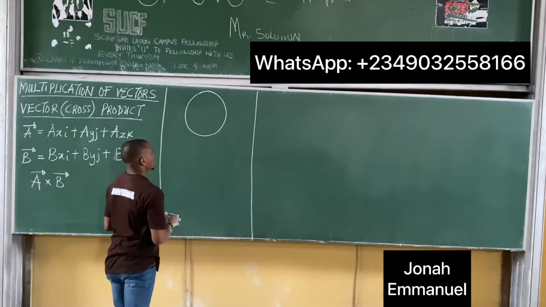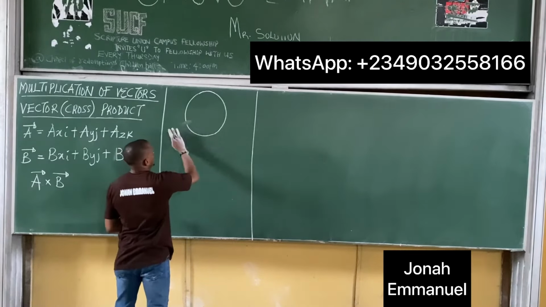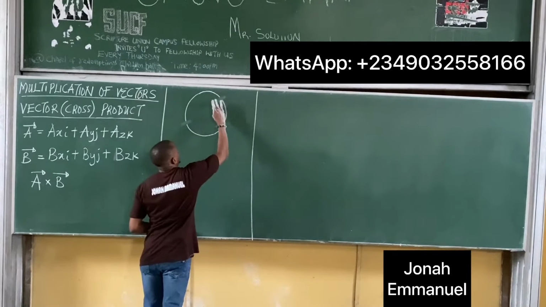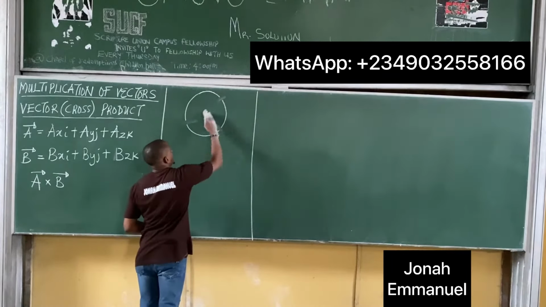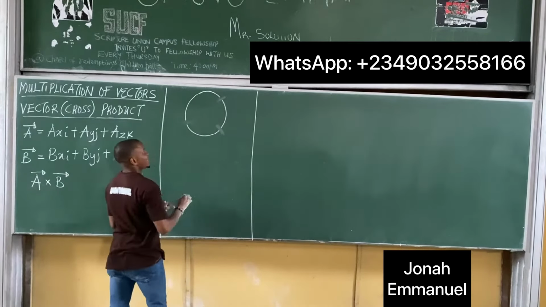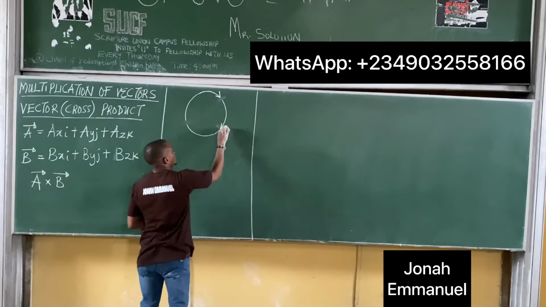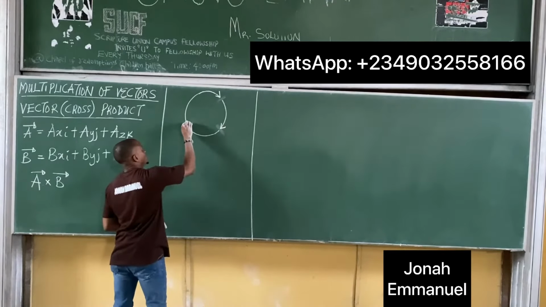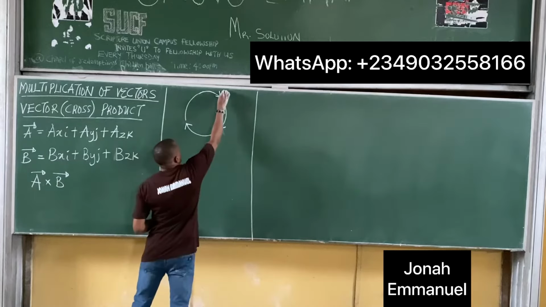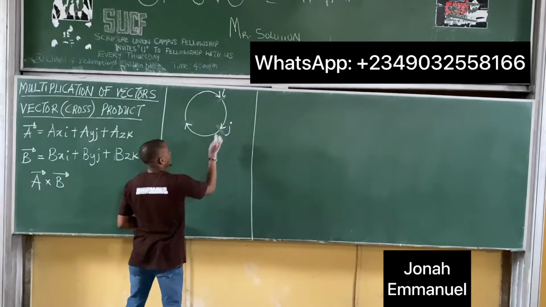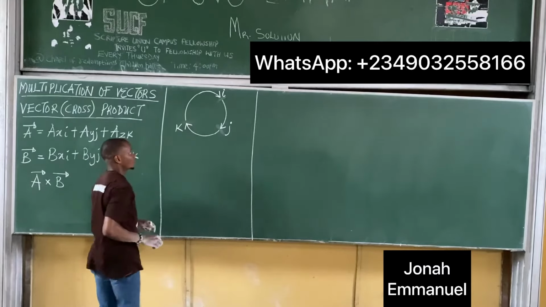Divide this into three parts: part 1, part 2, and then part 3. I want to make them in a clockwise direction. Call this I, call this J, call this K.